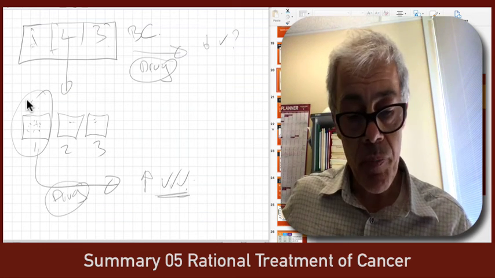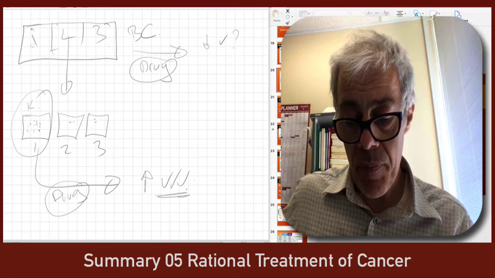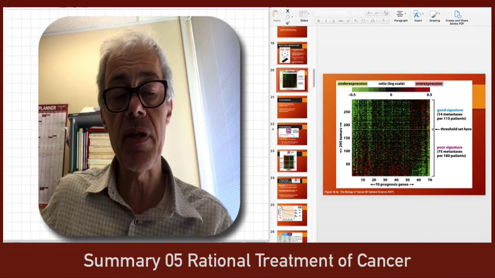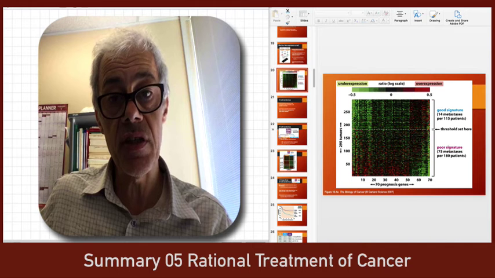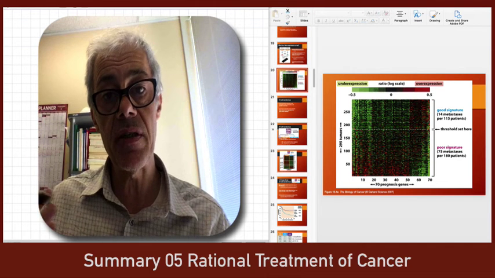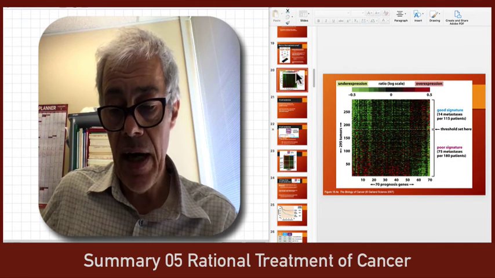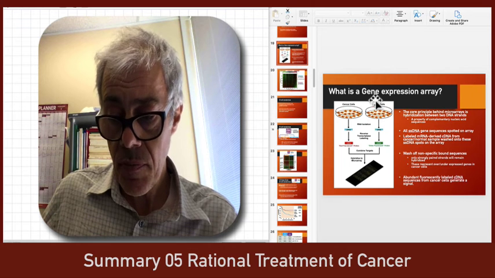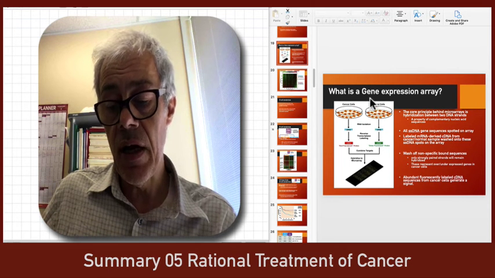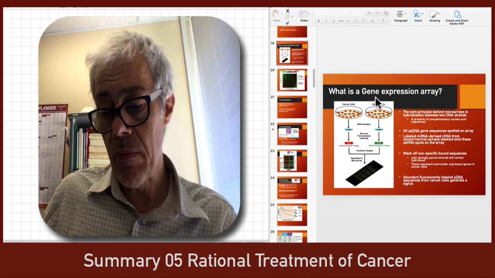Okay, so how do you look at whether cancer biopsies are similar to each other or distinct, in terms of trying to work out these categories that might exist? Modern technologies such as gene expression arrays are used for that kind of thing.